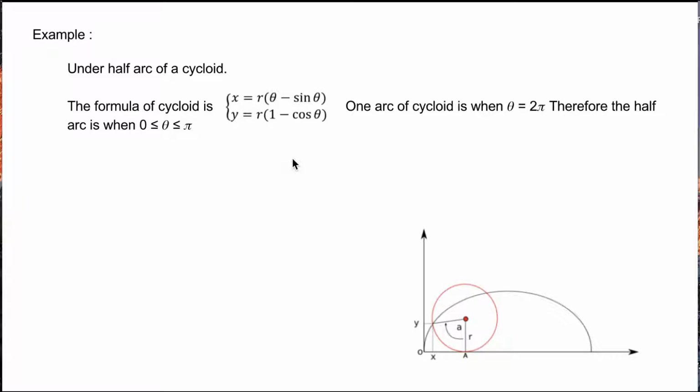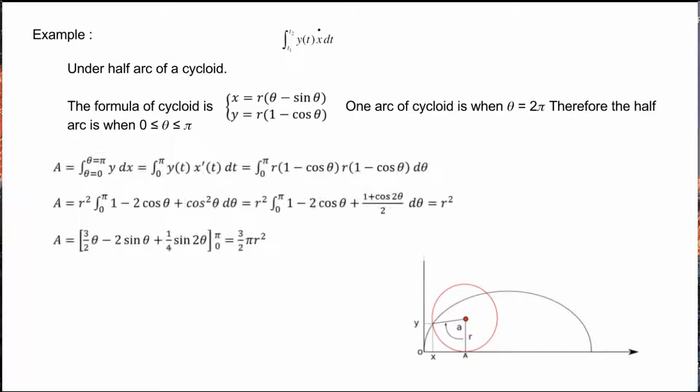Okay, so actually before I did this problem, I was thinking this is about polar coordinates. But after you do this step, where we separate the formula into x equals r(theta minus sine theta), y equals r(1 minus cosine theta), actually we have to use parametric coordinates. And now we just put the equation into the formula.